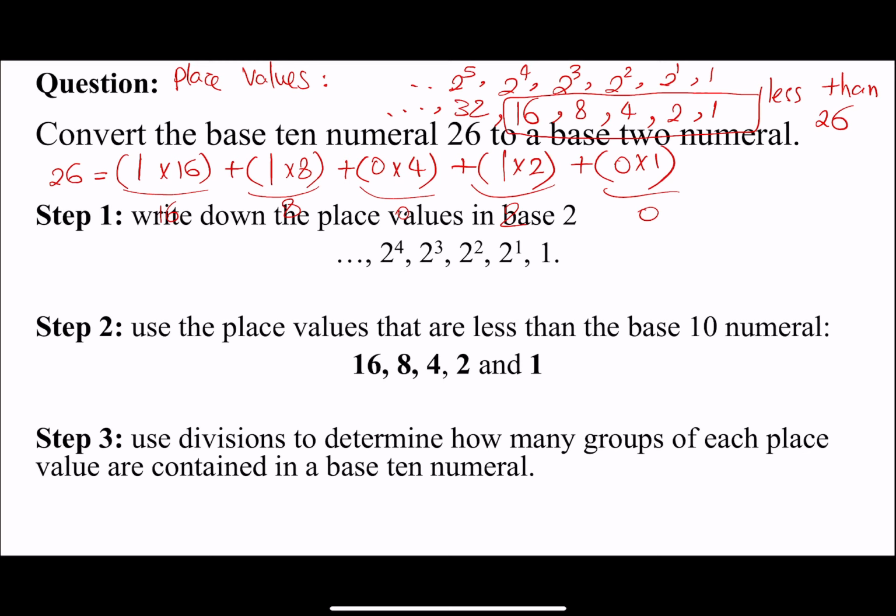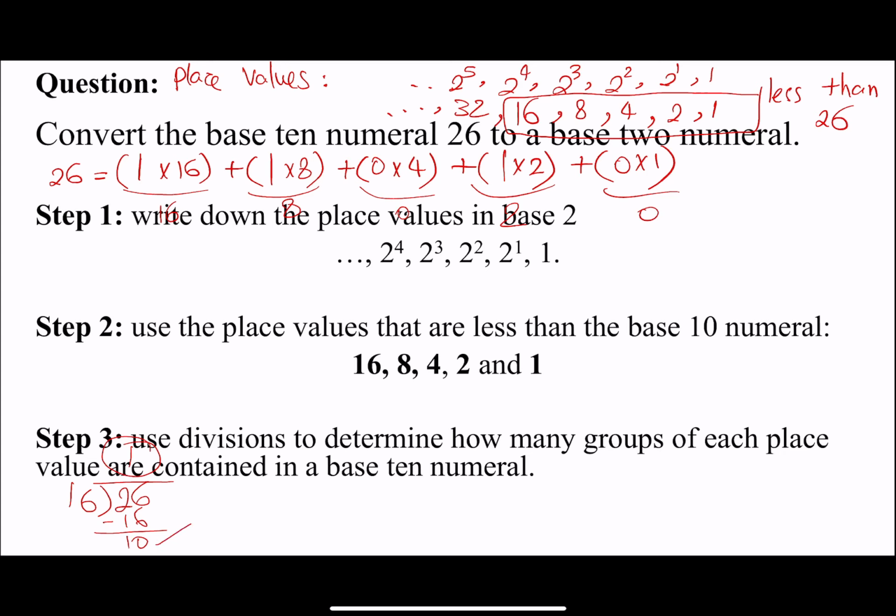I divide 26 by the biggest place value, 16. How many groups of 16? 1. Because if you choose 2, 2 times 16 is 32, which is bigger than 26. 1 times 16 is 16. 26 minus 16 is 10, right?